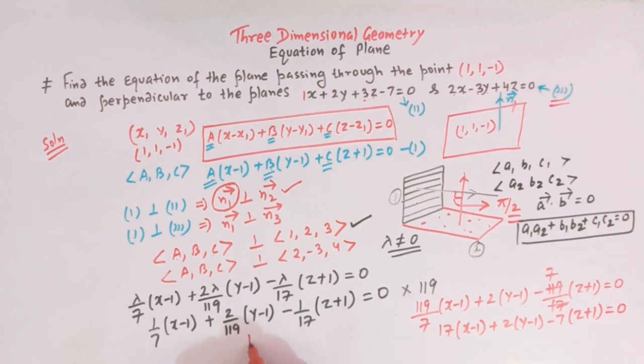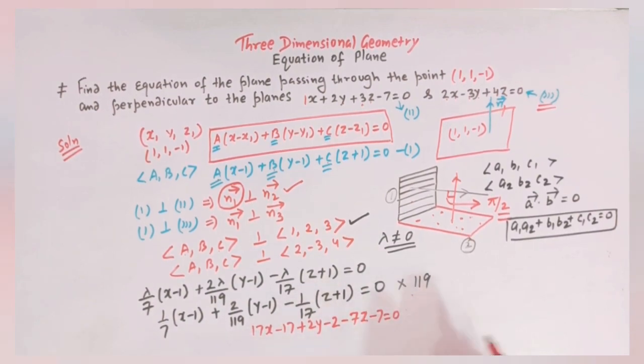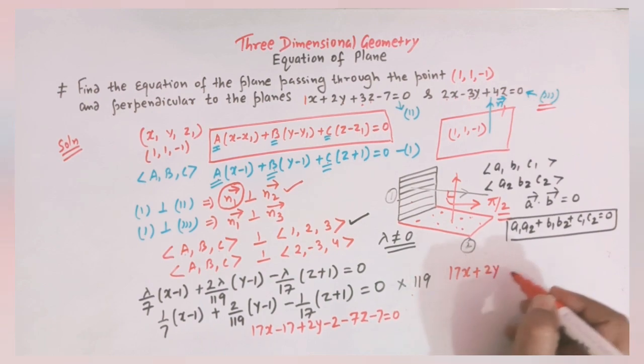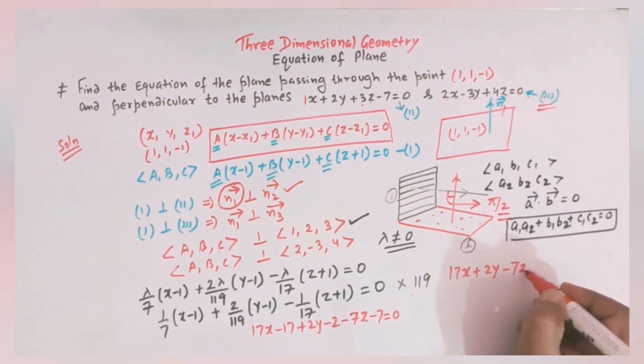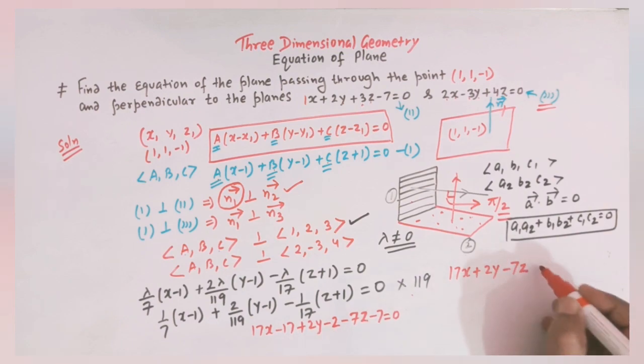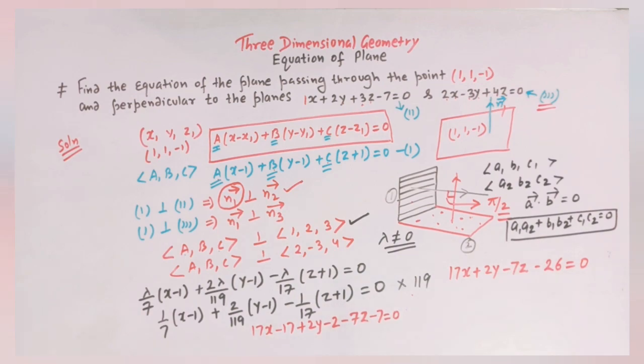So this is 17x minus 17 plus 2y minus 2, and minus 7z minus 7 is equal to 0, right? So now if we rearrange this equation, we'll get 17x, then we have plus 2y, then we have minus 7z, and minus 17 minus 2 and minus 7 is minus 26 is equal to 0, right?